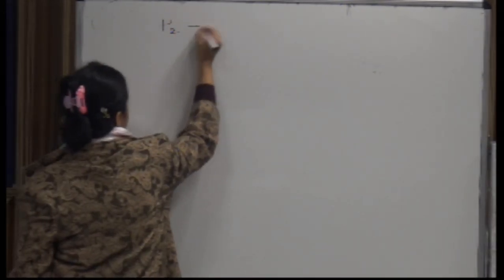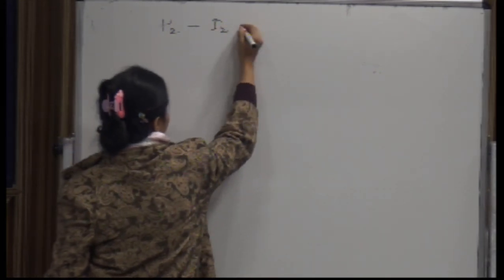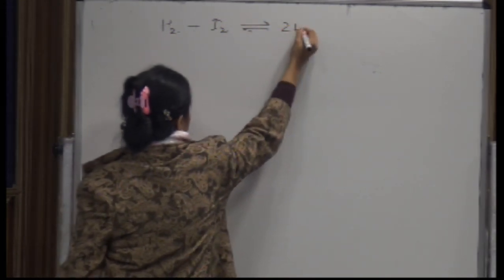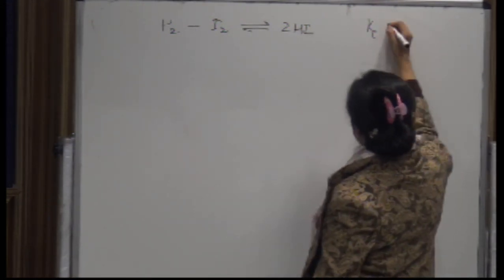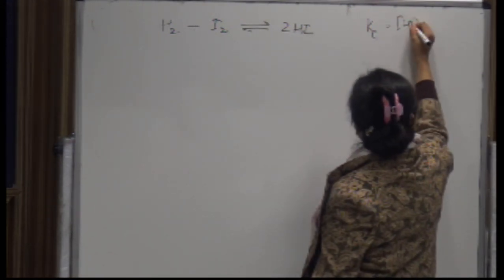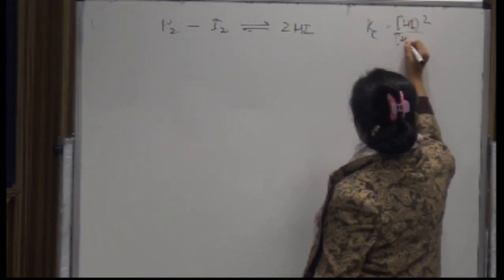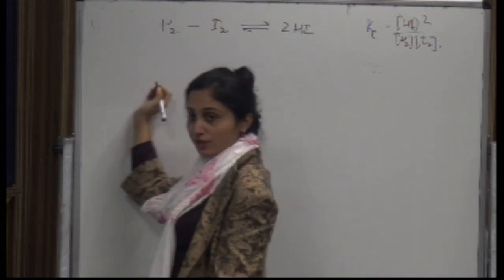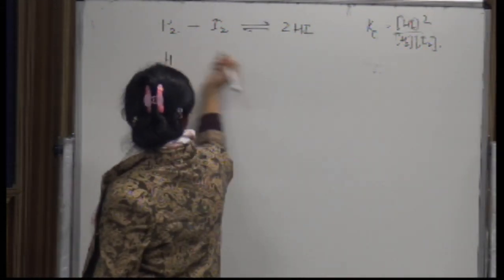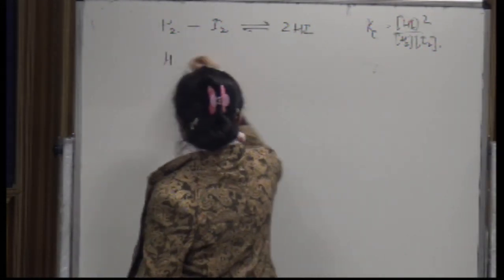Say now if I talk about the same reaction, H2 plus I2, this is the reaction that we had just taken up. What was it? It was giving you 2HI. You had seen that the normal Kc is equal to [HI] square upon [H2] into [I2], right? Now when I just reversed the reaction, let the new constant be called K dash.